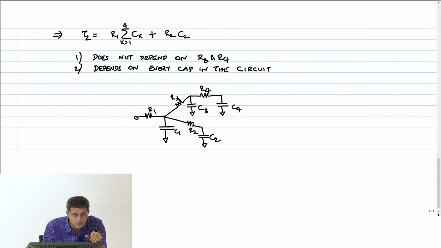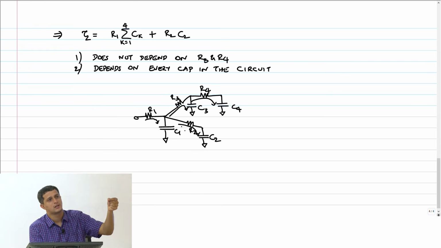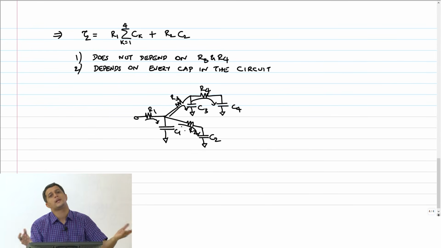You turn on the source, this first will try to charge this capacitor. The potential V1 will go up slightly, but the moment V1 goes up a little bit, current will have to flow and start charging these caps as well, right? So it's very intuitive that it has to depend on every single capacitor, because the moment the source node rises, current gets distributed to all the capacitors.